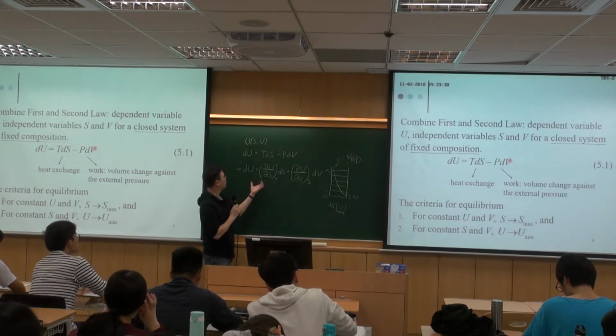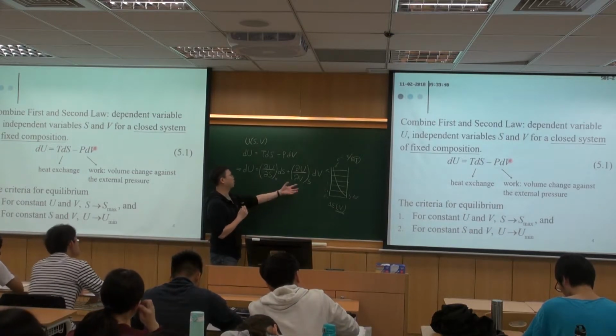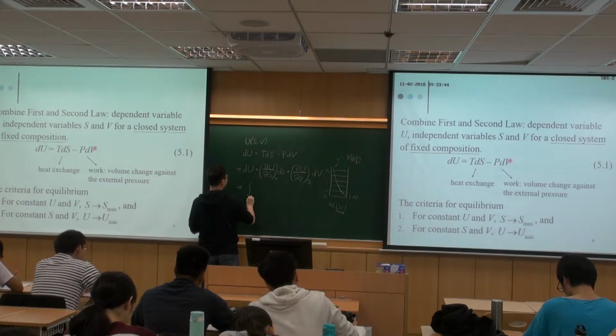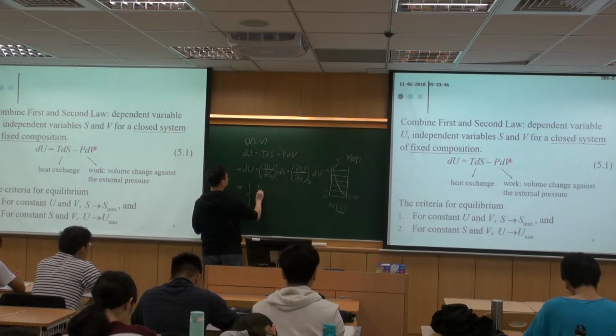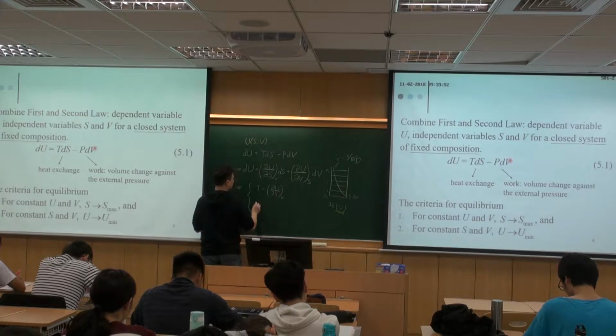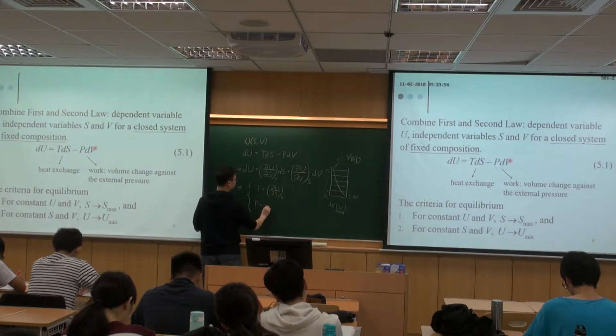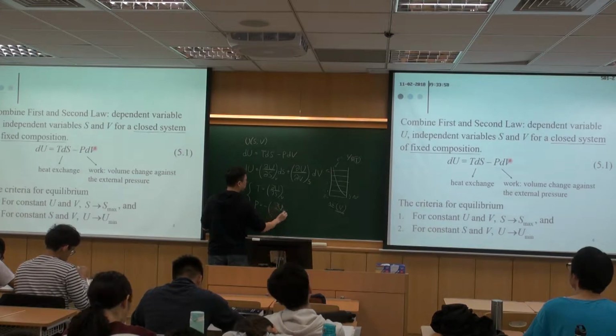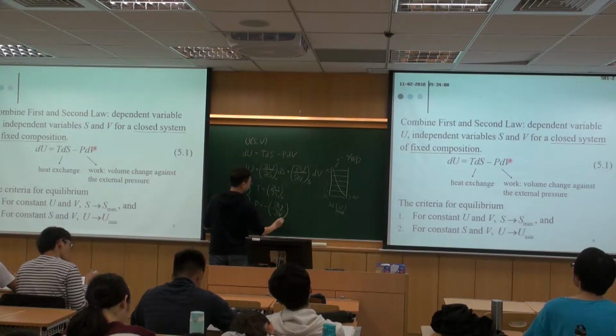So if this is a perfect differential, we can express this like that. And therefore, you have the relation like T is this, and the pressure is minus this. So these are fairly simple.